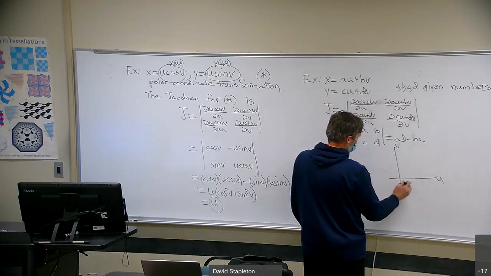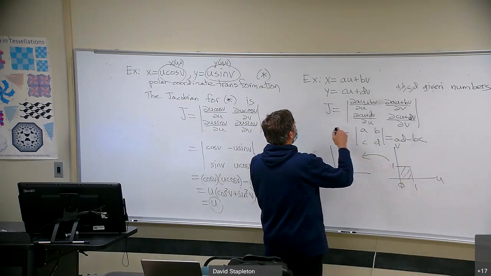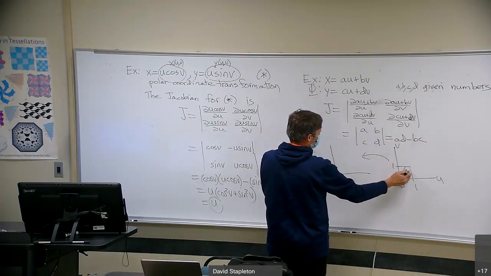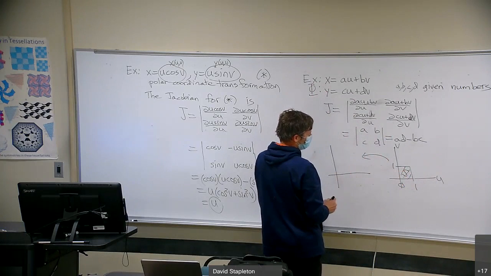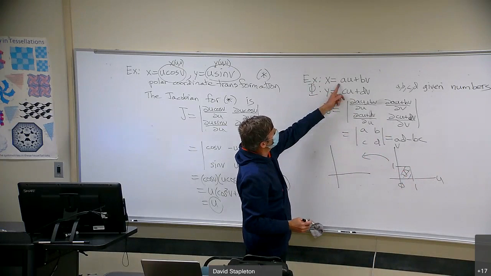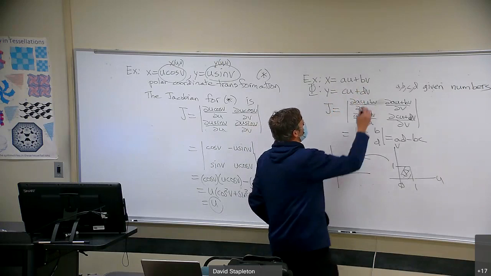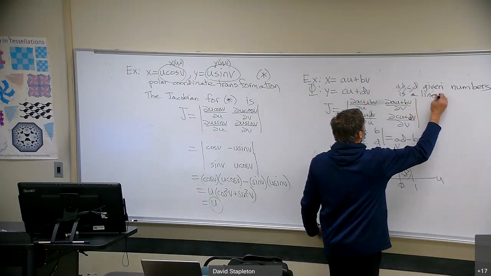If I take the interval from 0 to 1 and 0 to 1, so it's a 1 by 1 square, and suppose I want to transform it under this mapping phi from this region S, the square, into a region here in the xy plane, what do I get? Because this is what's called a linear transformation: a number times u plus a number times v, a number times u plus a number times v. This is called a linear transformation.